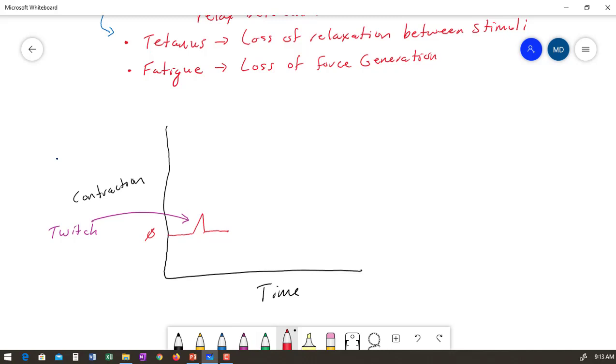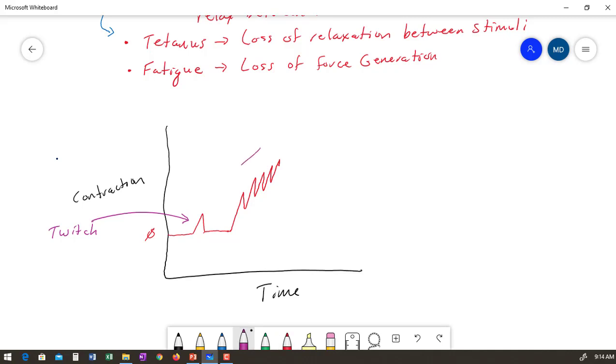Now this twitch, if we decide to send a bunch of electrical stimulation signals to the muscle, what you'll get is a twitch, and then you'll get a slight decline while the muscle tries to relax, and then we'll get another signal for another twitch, then another signal for another twitch. So it's trying to relax, but it's not able to fully relax.